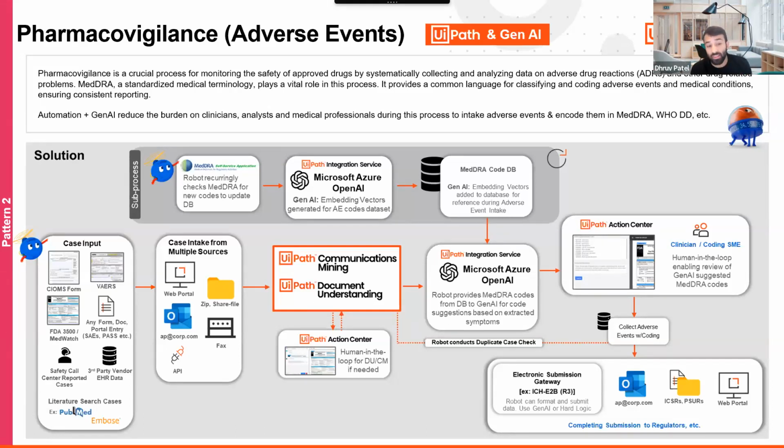But then we can pass that information we extracted, the symptoms, to generative AI. Generative AI will use the embedding vectors, that database we've created, to check the symptoms against the list of codes that might tie back to those symptoms, and then suggest in Action Center to the clinician what codes might be relevant to the symptoms that the person is experiencing.